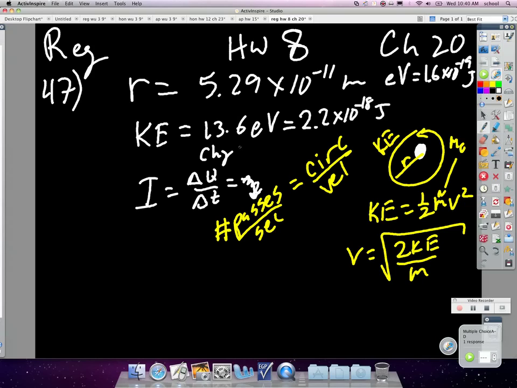And then when you get the number of passes per second, you have to turn the number of passes into coulombs. So once you have the number of passes per second, you multiply this by 1.6 times 10 to the minus 19 coulombs per pass.